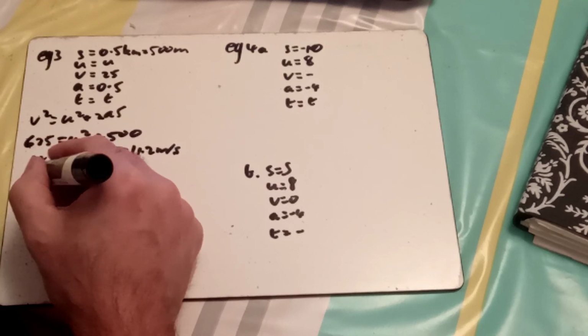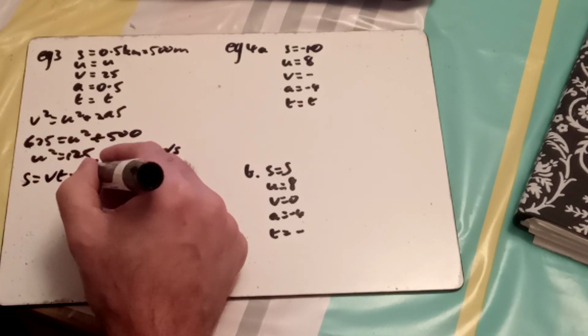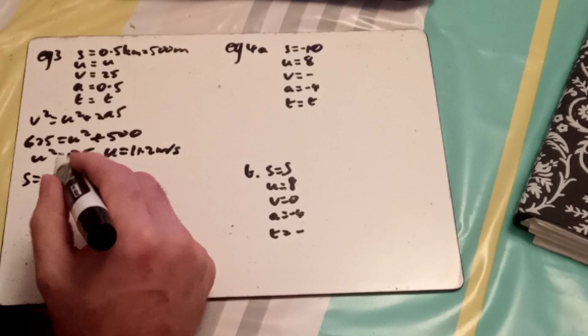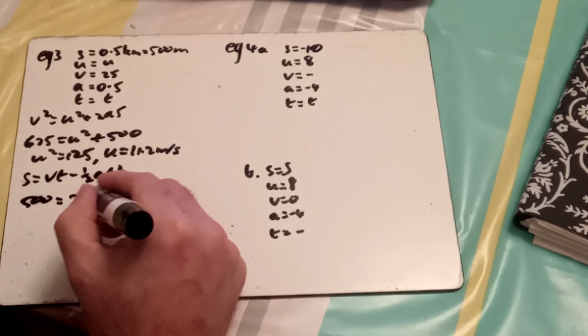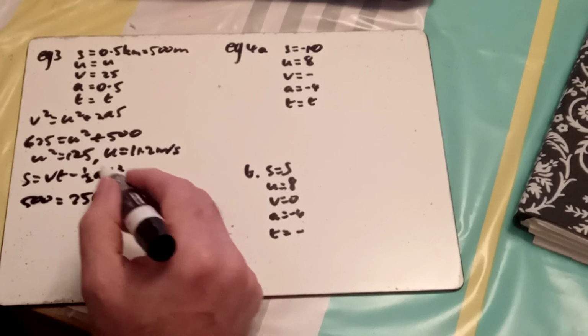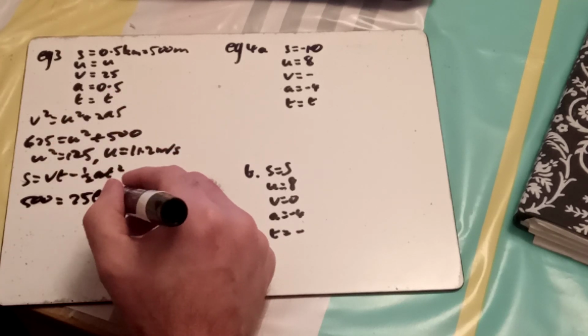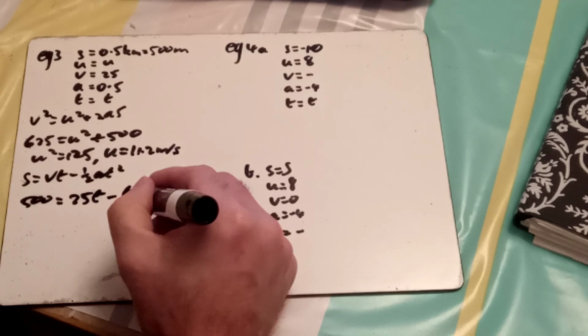So I'm going to quote s equals vt minus a half at squared: 500 equals 25t minus a half times a half minus t squared over 4.